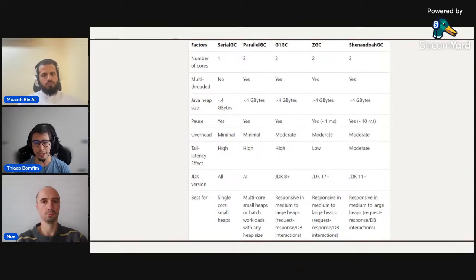Here are just some tips to try to identify which one is the best. But I think the goal here is to understand that we have more than one GC, and the default can be one that you don't want, like SerialGC. Maybe you don't want SerialGC for web applications with many users.